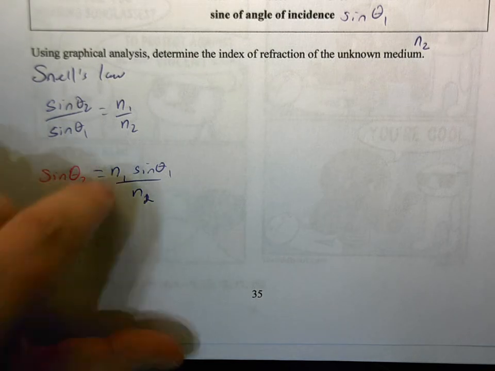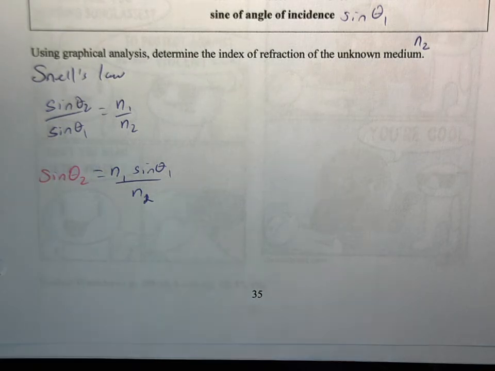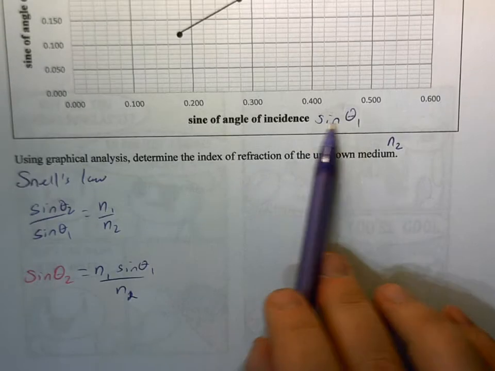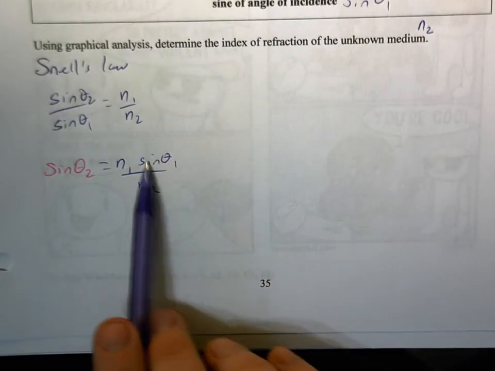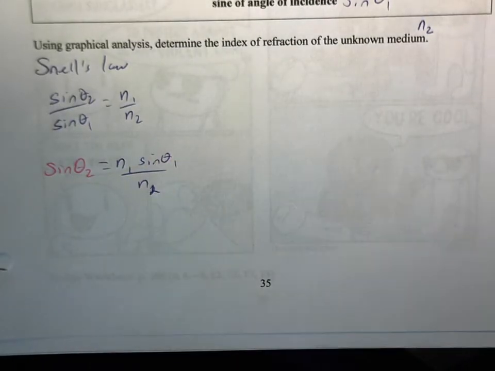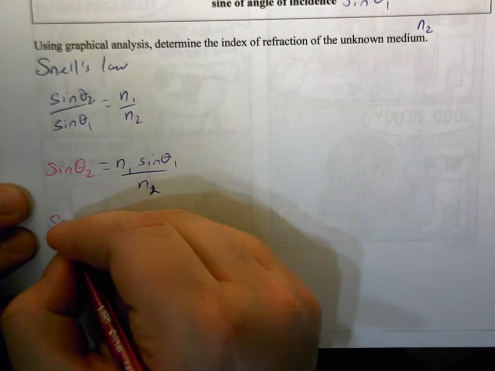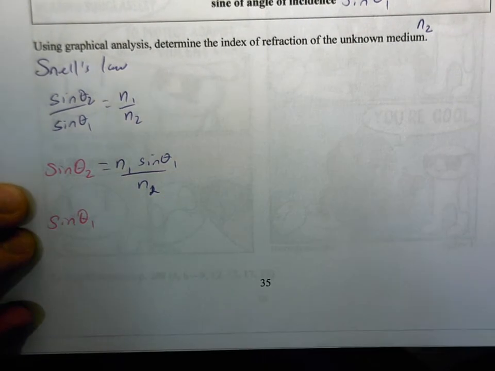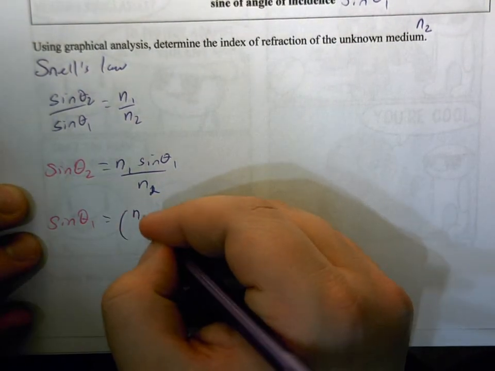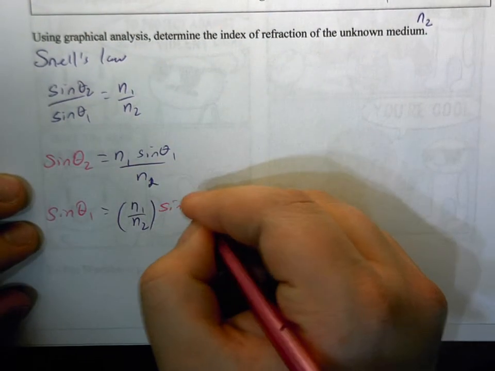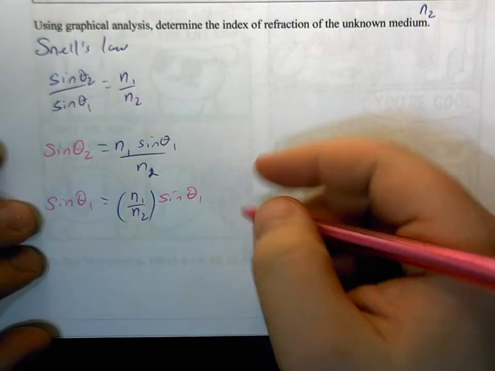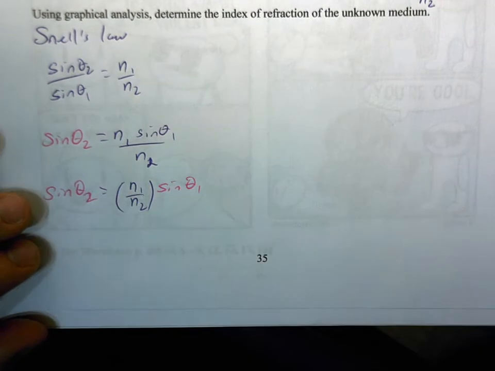So that covers me for that. I got y equals something. The second part is we want to take what is on our x-axis and separate that from everything else. Sine theta 1 is the special piece, it's on our x-axis, so we want to separate that from everything else on the right side. I could put this n1 over n2 in brackets, and then I have this sine theta 1. Sorry, this should be sine theta 2.